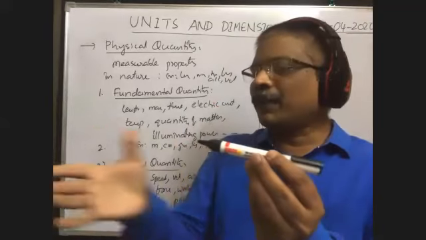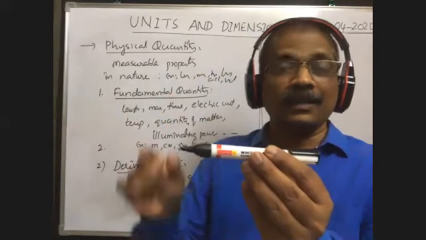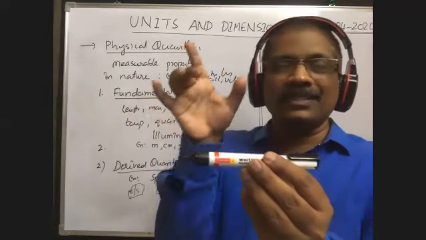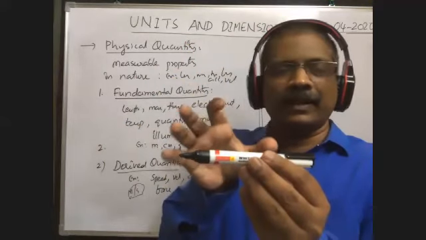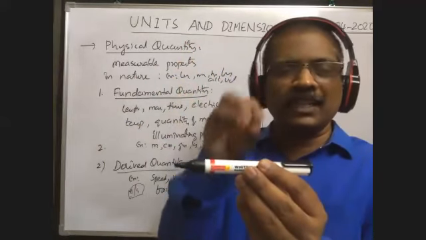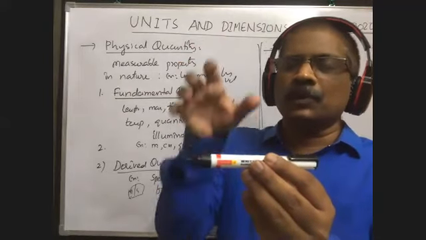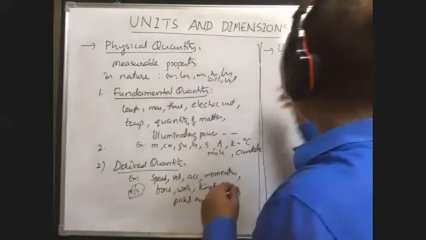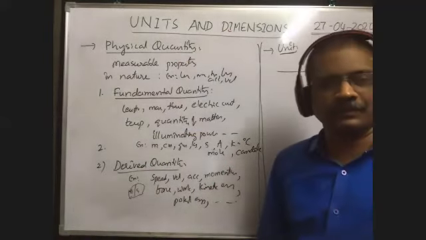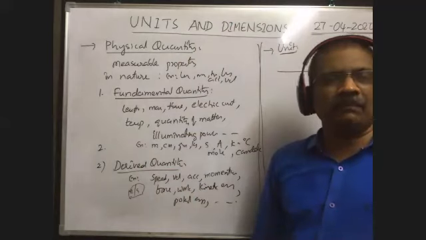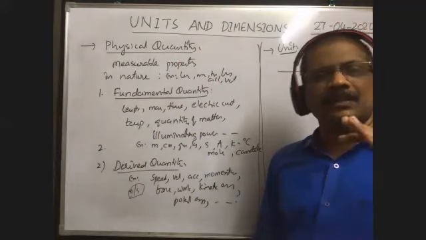With the help of a scale, we can measure it. The scale is graduated in centimeter or millimeter. Here is another example: the length of a wire, which we are asked to measure in centimeter.